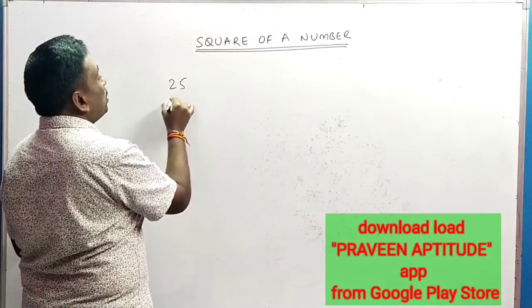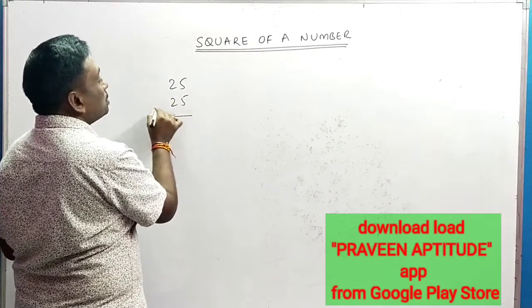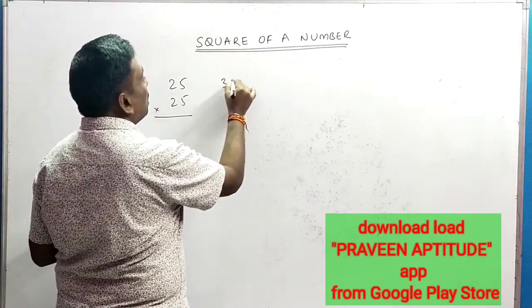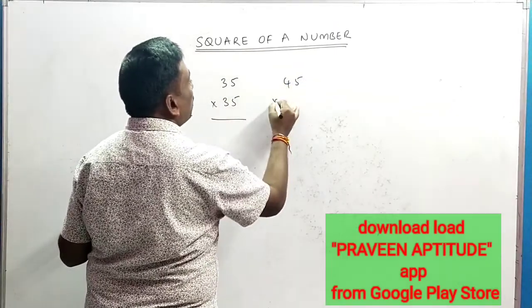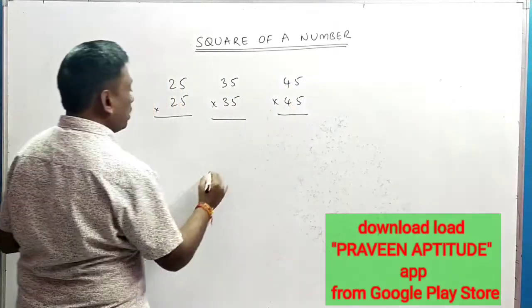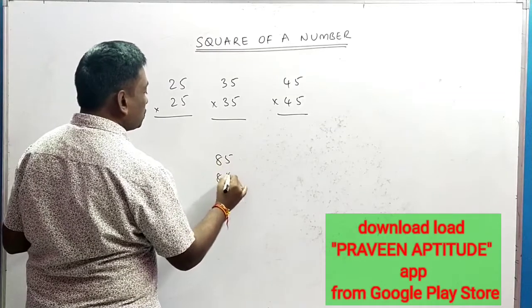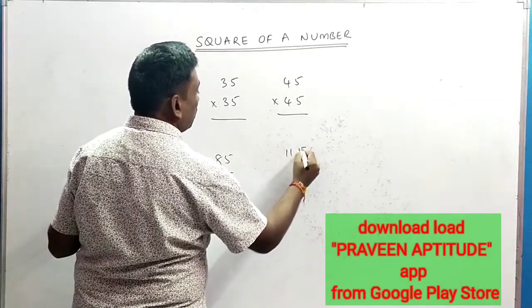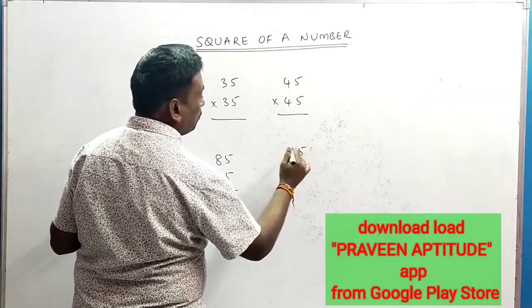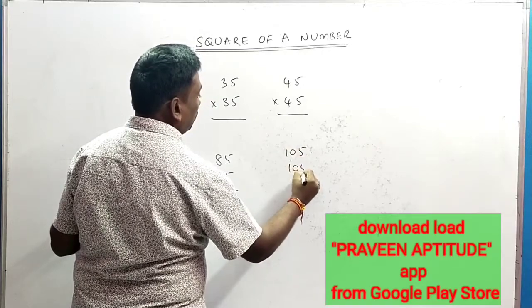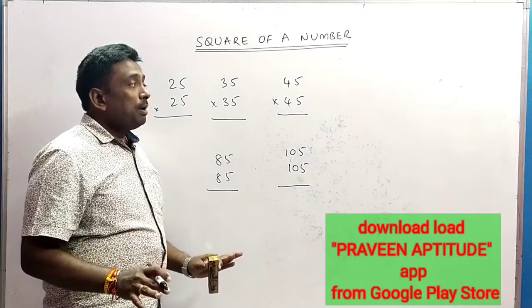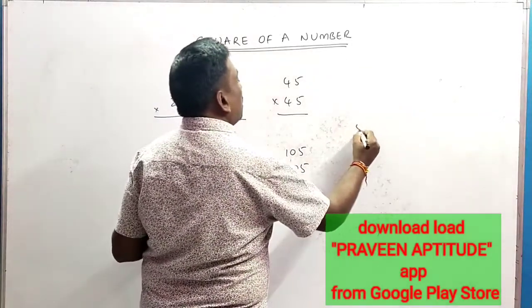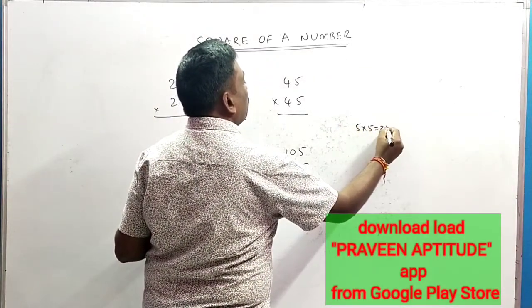Suppose you take 25, what is the square of 25? What is the square of 35? What is the square of 45? What is the square of 85? What is the square of 115 or 105? Very simply, you know that already. 5 5s are 25.